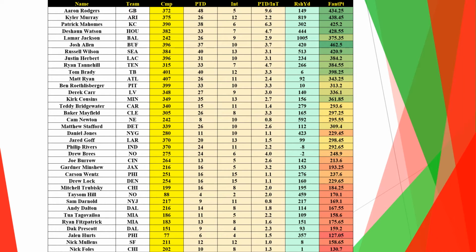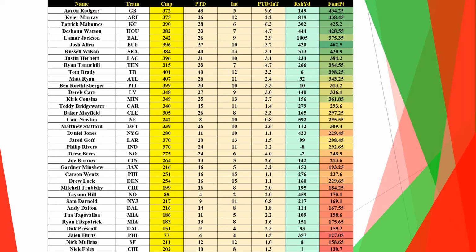The completions, the passing TDs, the interceptions, and the TD/interceptions, that's a compound variable. And then rushing yards, and then the fantasy points from that. So now I've gathered the data, and I've winnowed it out. If you saw my original spreadsheet, if you go back to the previous slide, you see I had a lot more data columns than this, but this is where the model lands us, at least right now.